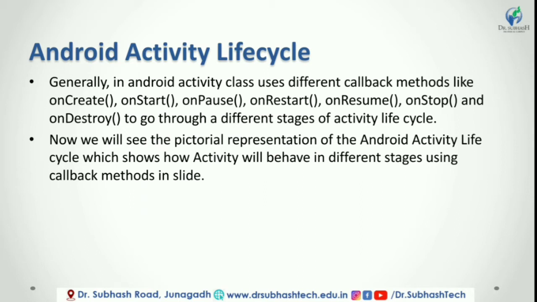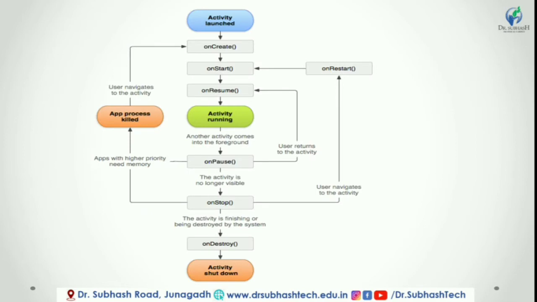Now we will see the pictorial representation of the Android activity lifecycle, which shows how an activity will behave in different stages using callback methods, in the next slide. We can see the relationship between all methods of the Android activity lifecycle. Now we will discuss each method in detail.